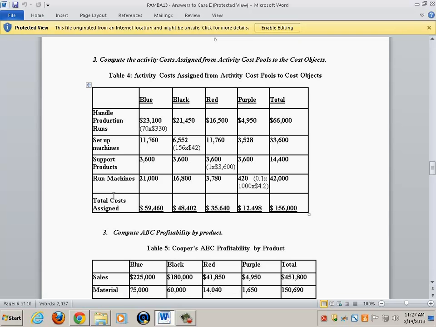The cost of all the indirect performed for black, 8,402, and 8 sum to the total cost of 100,000.